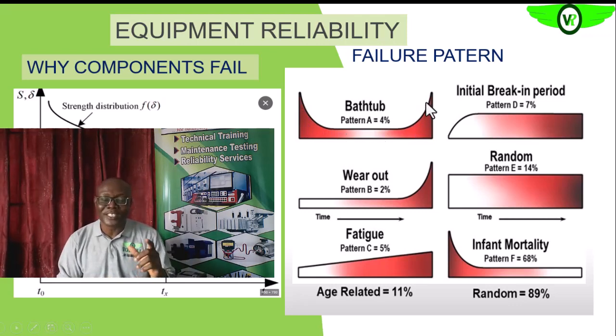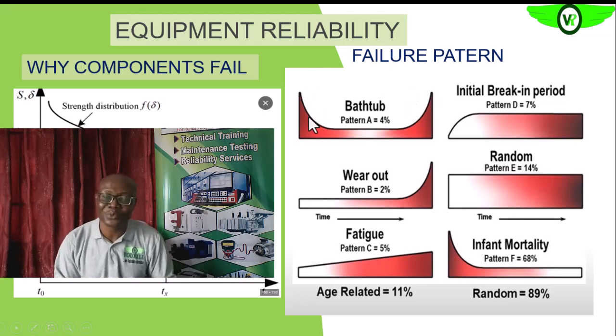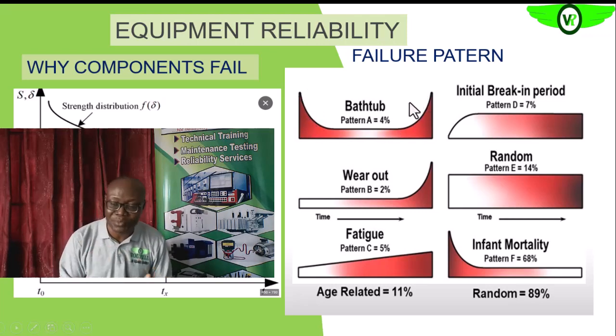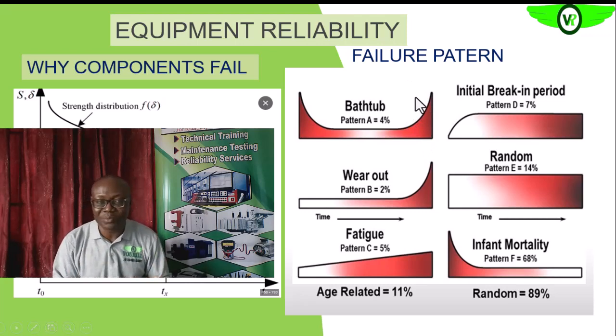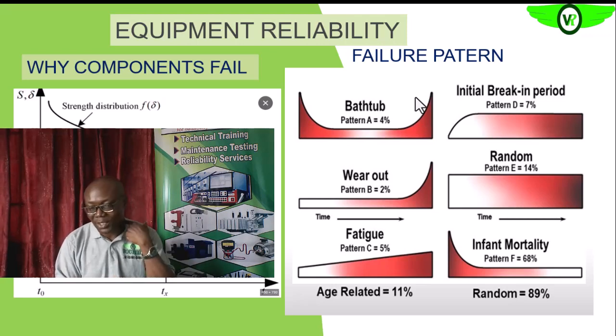If you look deeply, most of the maintenance programs that we deploy are all meant to catch the component or the asset when it is entering this region. Most of our PM program, our condition monitoring program, most of our reliability programs are designed that way.